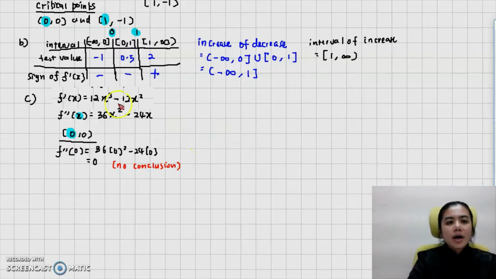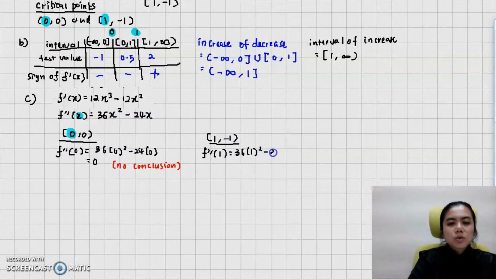How about the next? Let's look at the next, 1, minus 1. Same thing, we're going to repeat the same process and do the substitution. So we have 36 times 1 squared minus 24 times 1, which equals 12.